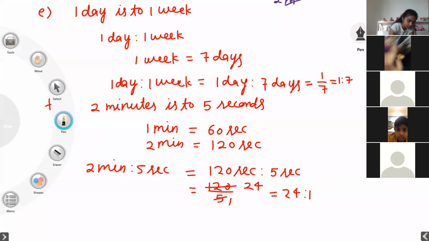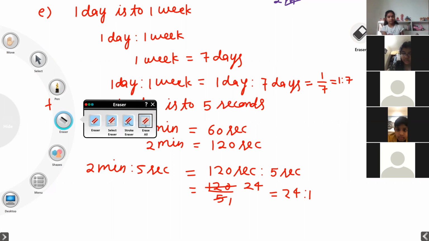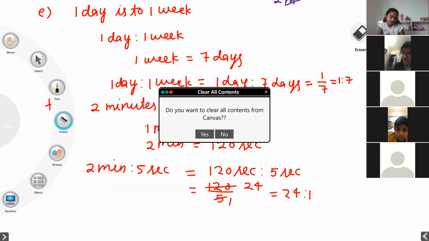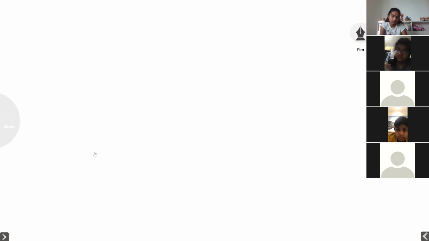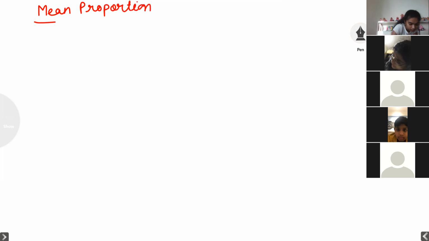On the left side keep the heading, mean proportion.